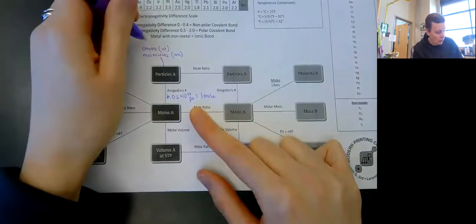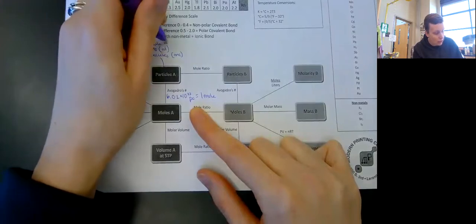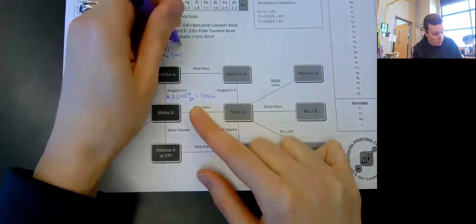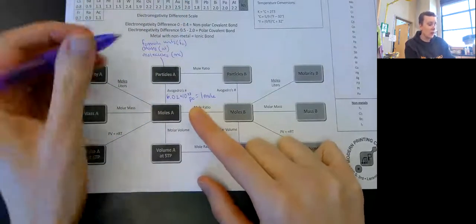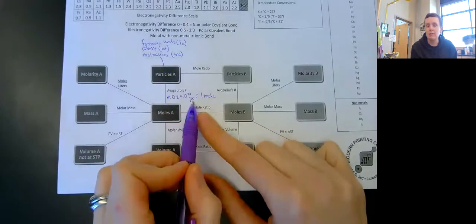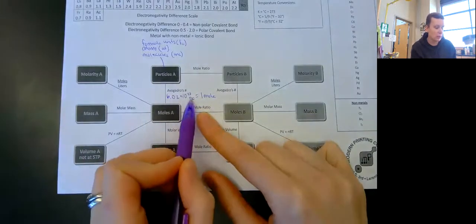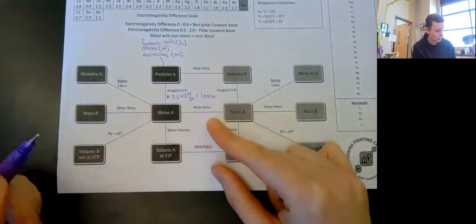Or it can be formula units if we're talking about an ionic compound, abbreviated FU. Those are the three choices we're really going to be working with instead of PC. But 6.02 times 10 to the 23rd things equals 1 mole of a substance.